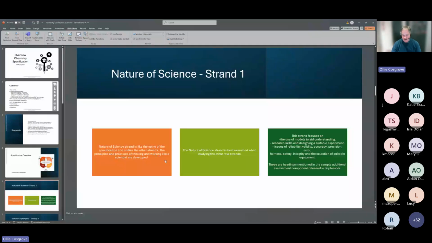Across all your subjects, the way things are going, there's going to be 40% AAC. They're slowly bringing that in across different subjects over the years. But here we just care about chemistry. So the first strand, the nature of science, is, as we said, the spine of the course, and it unifies the other strands.